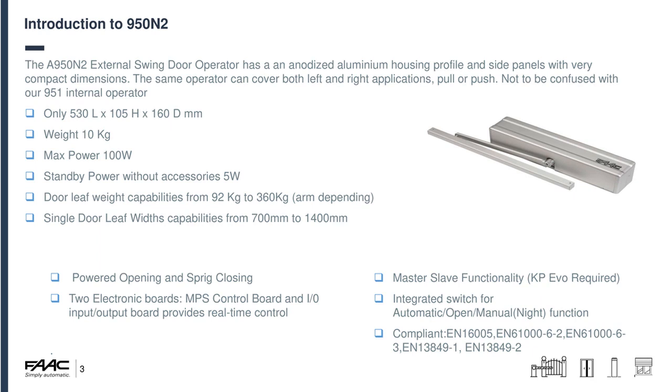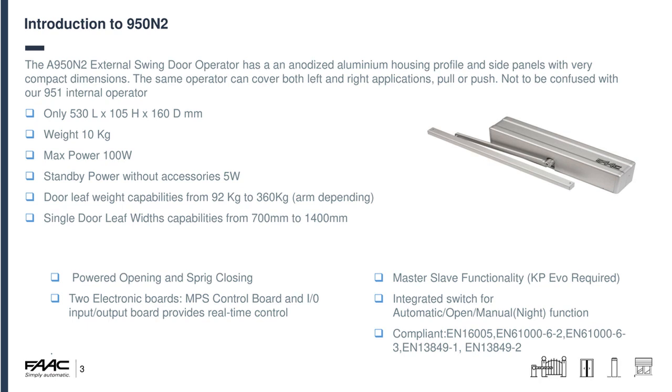It weighs 10 kg, max power is 100 watts, and the standby power is only 5 watts, that's without accessories. The door leaf weight capabilities can go up to 360 kg. I'll be covering that later on in a slide. The single door leaf widths are from 700 to 1400 in width.